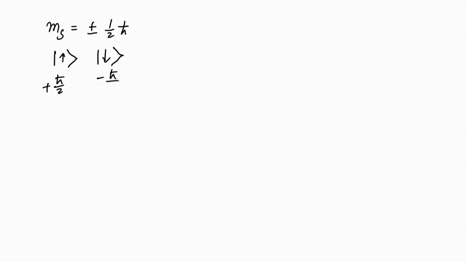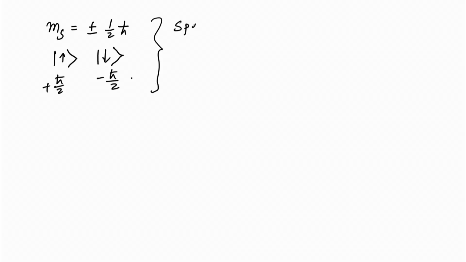Since we have spin half for each, MS is equal to plus or minus half H cross. Let us represent the states by up and down. Plus half H cross over 2 corresponds to up, and minus H cross over 2 corresponds to down. Hence we can write it in two ways.